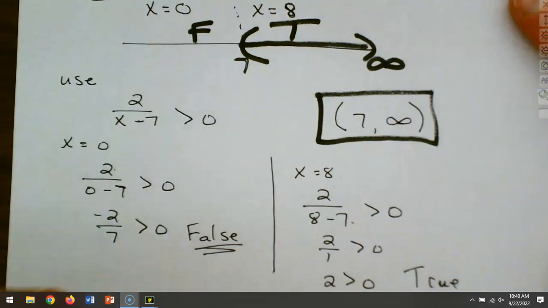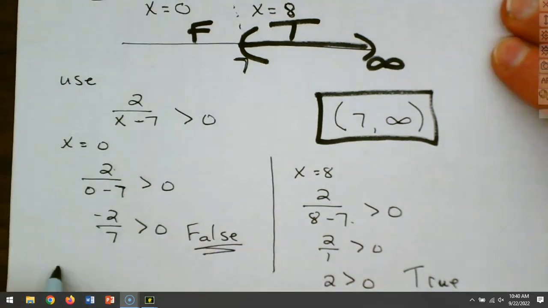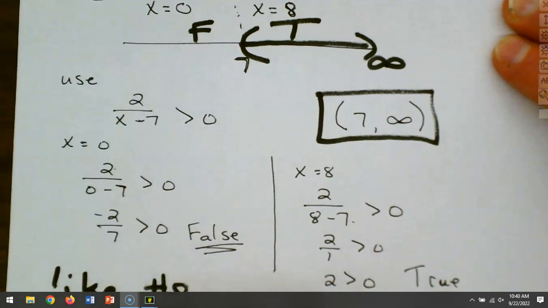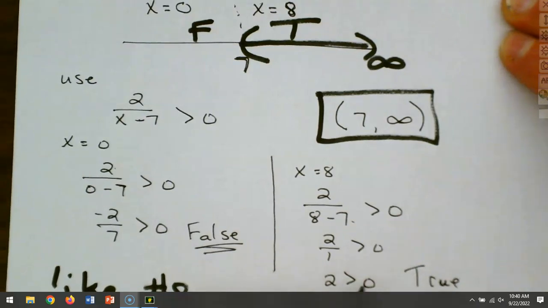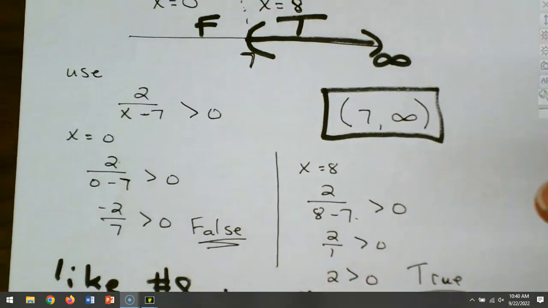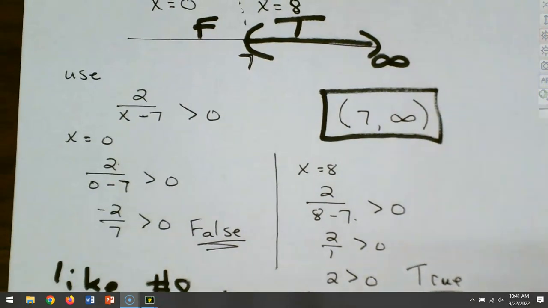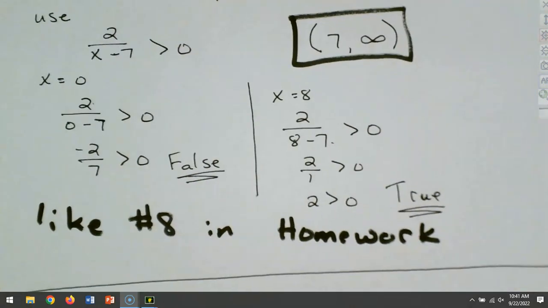And this is like number 8 in your homework. It's very, very similar to question number 8 in your homework. Almost identical. Different numbers, and that's it.